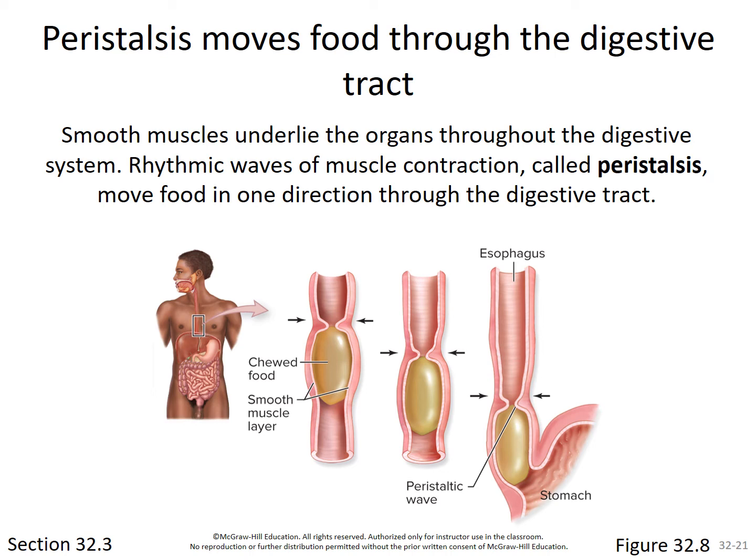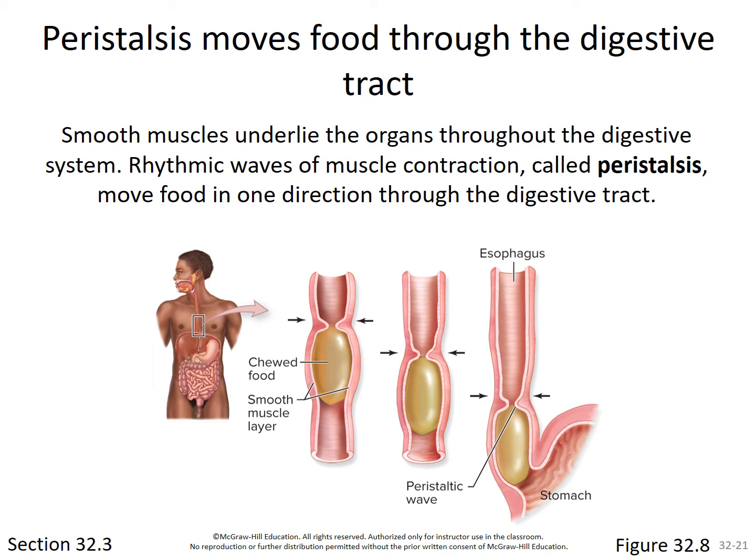I think maybe a better way of putting it is to say that smooth muscle is in the walls of the organs that make up the digestive tract. So these hollow tubular organs, the esophagus, the stomach, the small and large intestines, the walls of these are actually composed of smooth muscle. And so with most of the GI tract, you actually have two layers of smooth muscle.